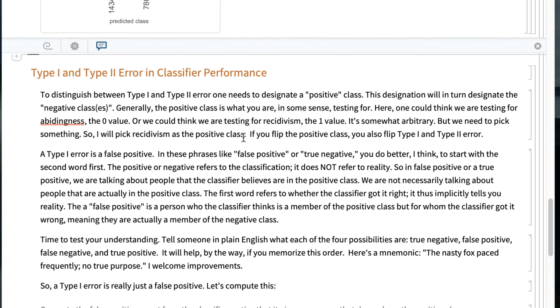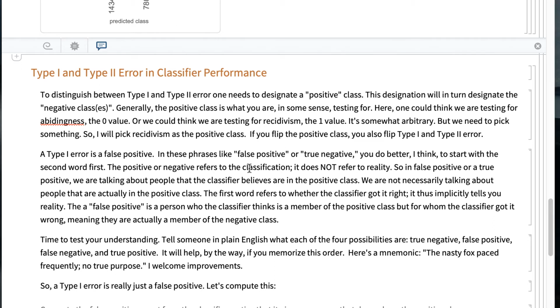This is one of the reasons I'm not a huge fan of talking about type 1 and type 2 error. I'd much rather talk about false negatives and false positives, and specify what the positive class is. But in any event, a type 1 error is a false positive. This is where you think they're going to be positive, but in fact they are negative.